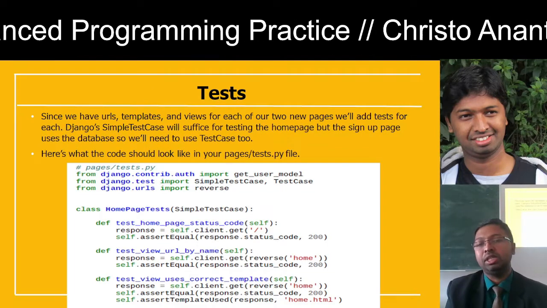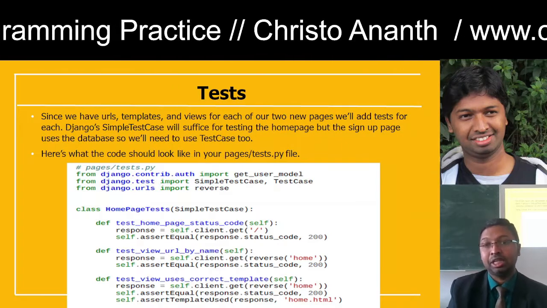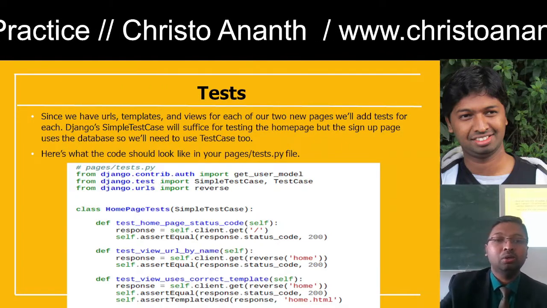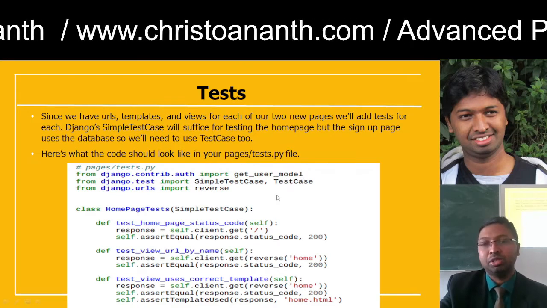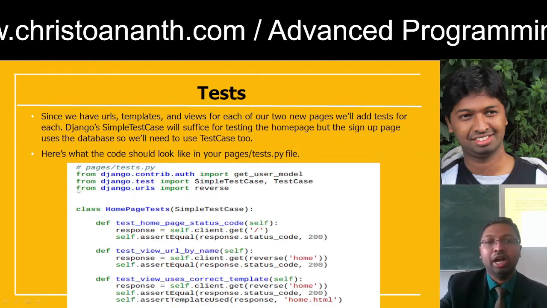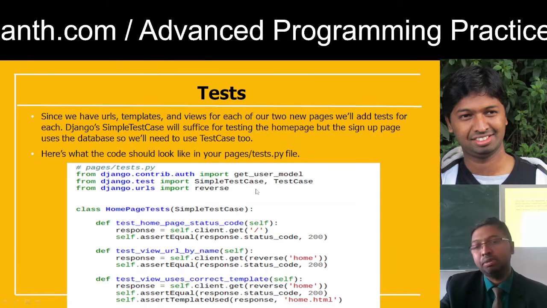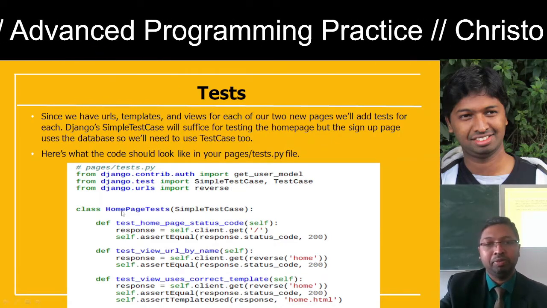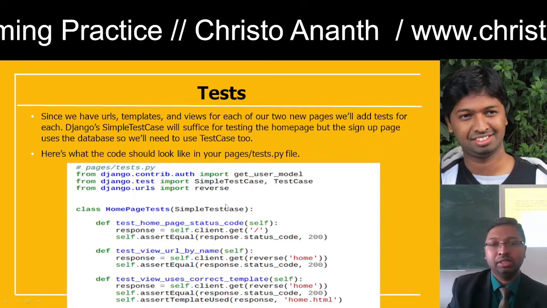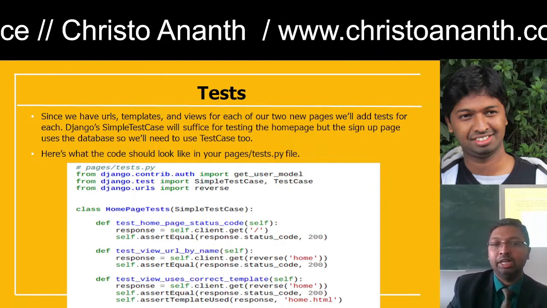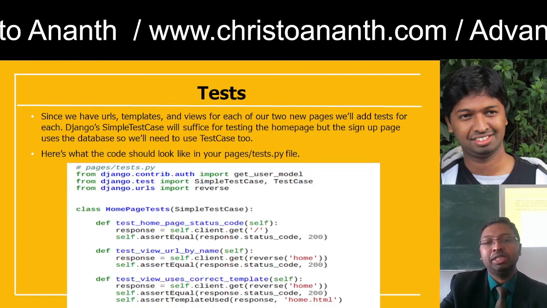So within the pages/tests.py file, you will go with this: from django.contrib.auth import get_user_model. You are going to get the user model, and from django.test import SimpleTestCase and TestCase. Okay, and then from django.urls import reverse. class HomePageTests of SimpleTestCase, and define test_home_page_status_code.